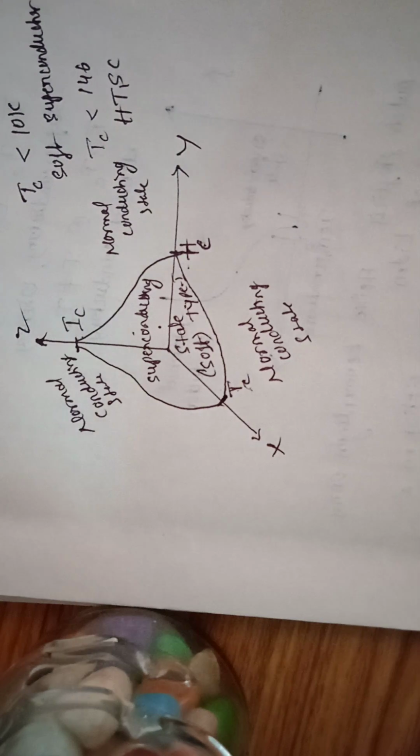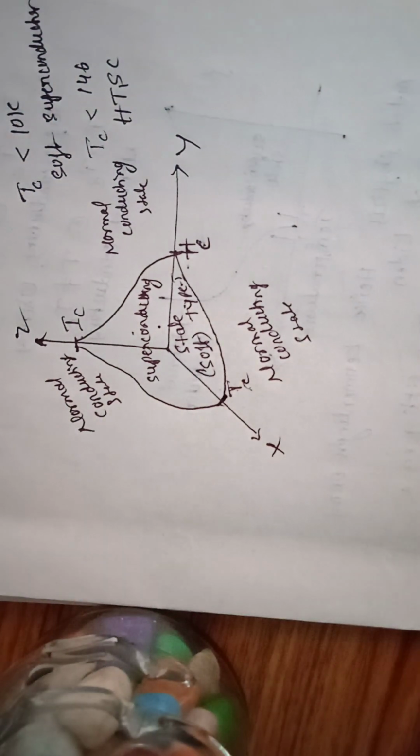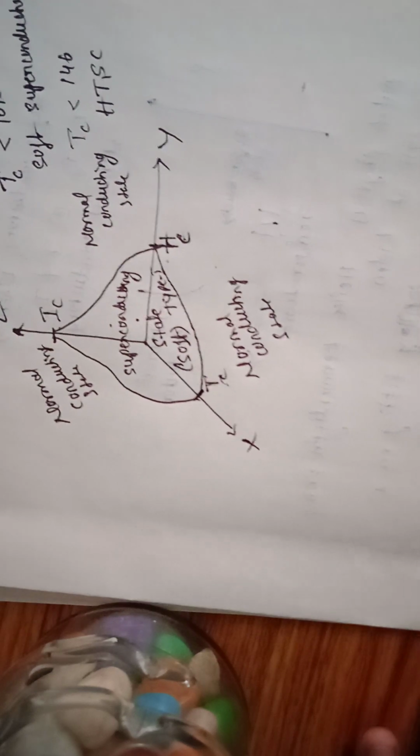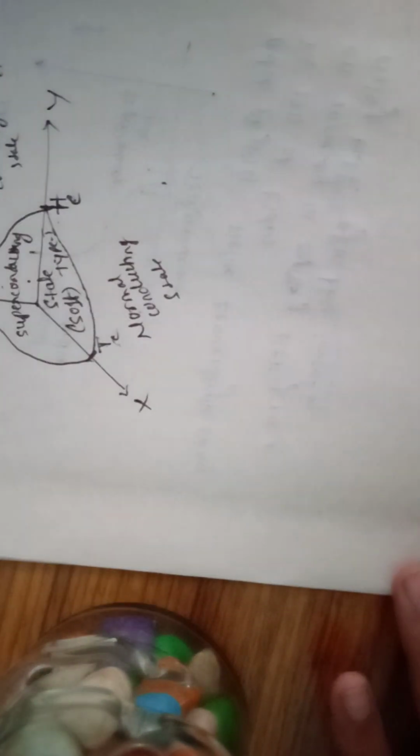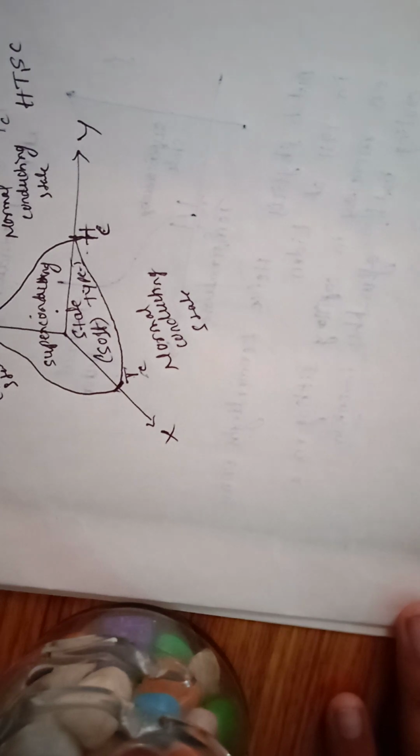So now, this is about critical current, critical temperature, and critical magnetic field. Now, we need to understand one more superconducting phenomenon, characterized by Walter Meissner and Robert Ochsenfeld.